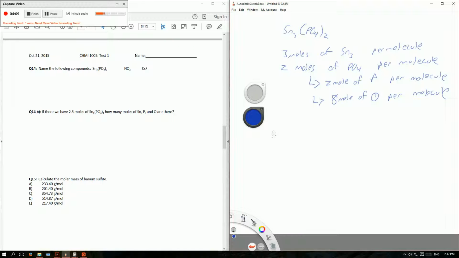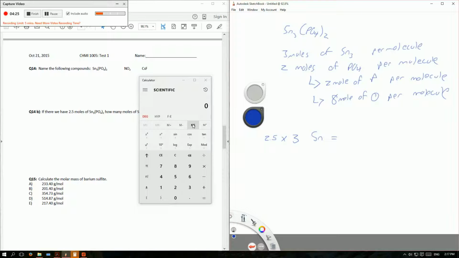Now we're saying we have 2.5 moles of molecule, so it's just 2.5 times 3 for the Sn. Like I said, I'm not good with math in my head. I should always double check anyways. It is 7.5 moles of Sn.